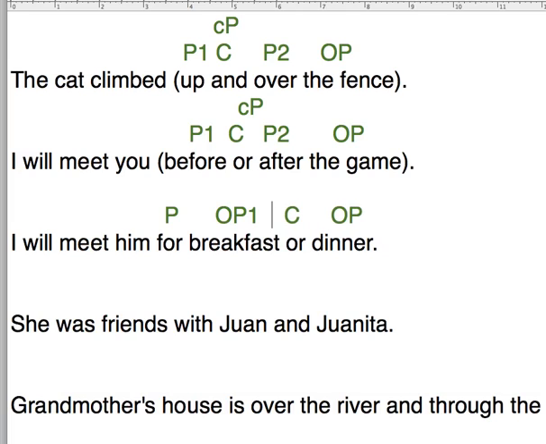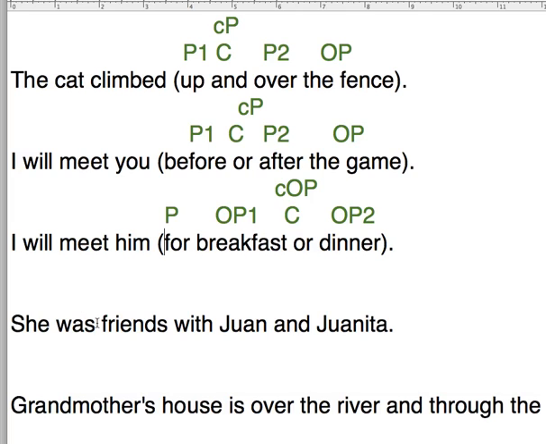OP1, connector, OP2. And this is a compound of what? This is a compound object of the preposition, COP. Because there's two OPs stuck together by a connector. So that makes it a COP. And this, again, becomes one single prepositional phrase, consisting of one preposition and a compound object of the preposition.